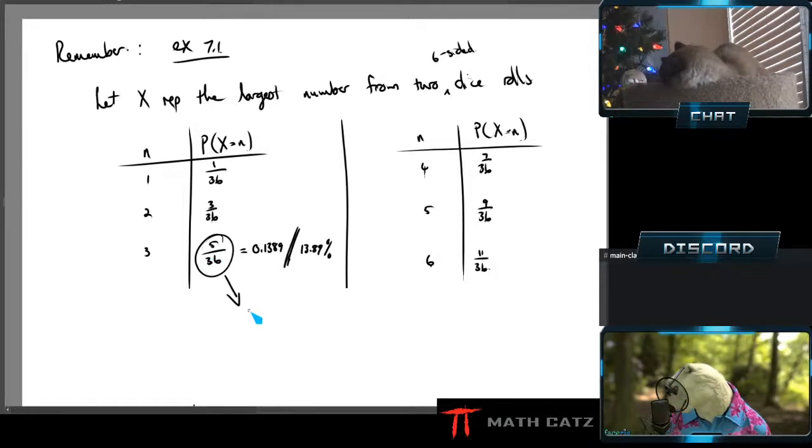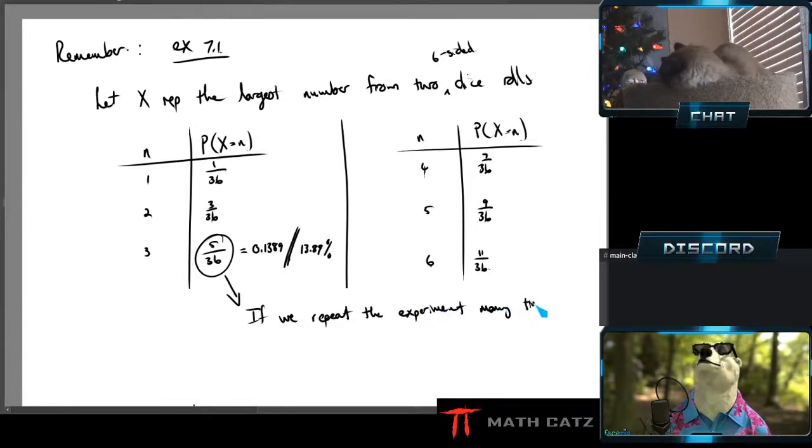Interpretation of this, for example, is that if we repeat the experiment, in this case, roll 2 dice, many times. How many times? Many. How many is many? More than any number you can think of. Repeat it as many times as we need to, and then maybe more.